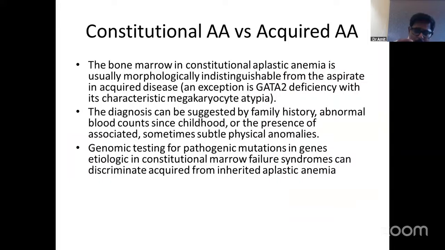Now, there are two big problems. How do we diagnose constitutional aplastic anemia vis-a-vis acquired aplastic anemia from bone marrow?